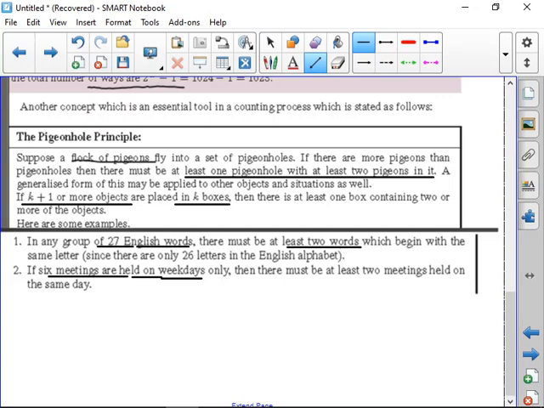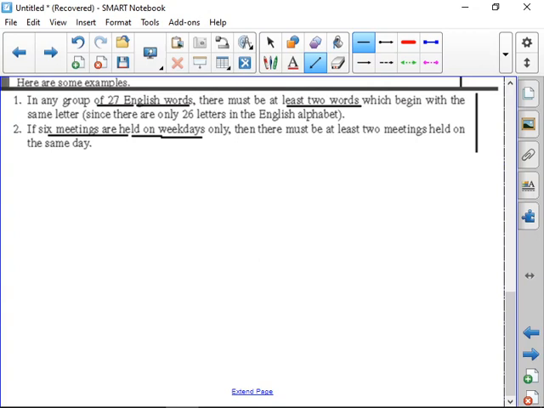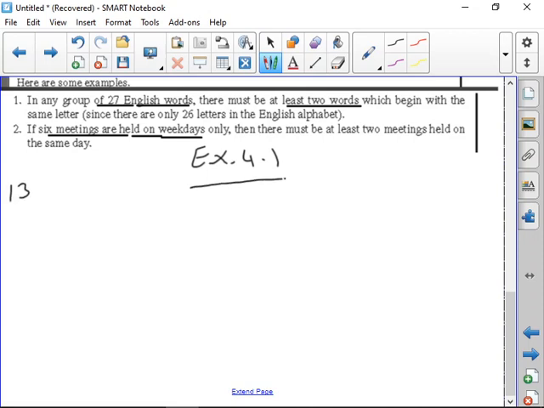Exercise 4.1. Question number 13 we will complete first based on this. Okay. So, what is it?